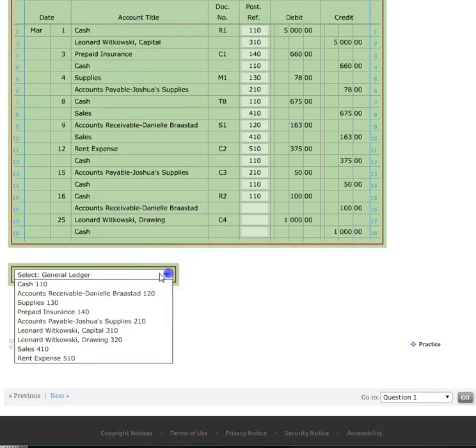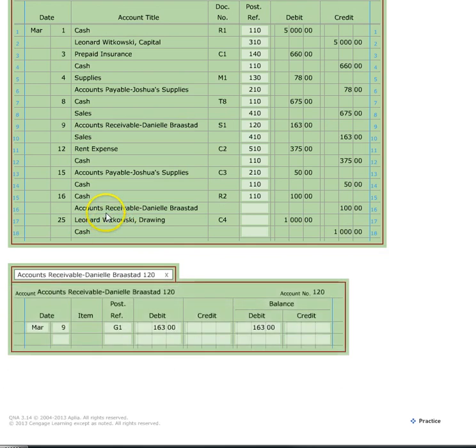And here's Danielle on the 16th. General Journal 1, which is a credit of, what do we say, 100. So that leaves her a balance of $63. Okay, and posted that to 120.